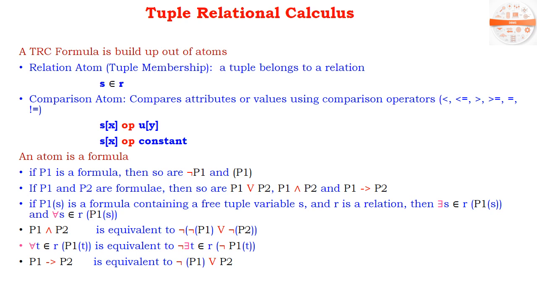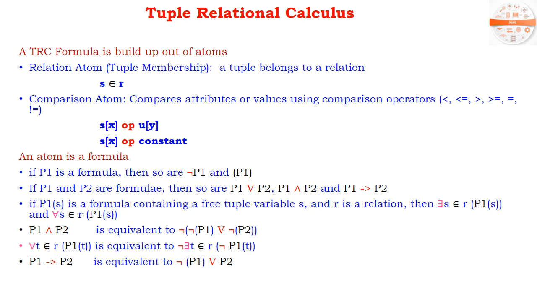Compare attributes or values using a comparison operator, for example less than, equal, greater than or equal, not equal. So here, s[x] means the value of the attribute x from the tuple variable s, and u[y] means the value of the attribute y from the tuple variable u.